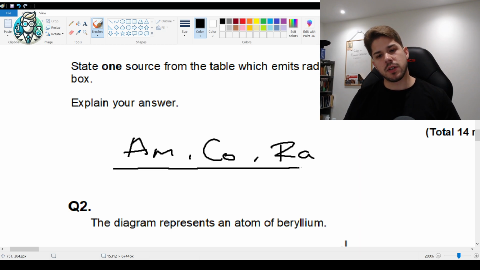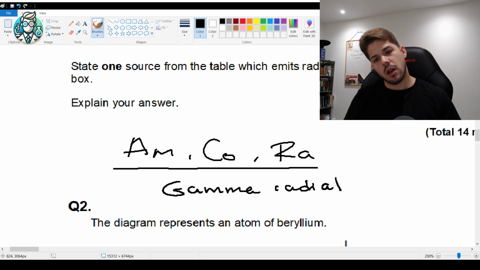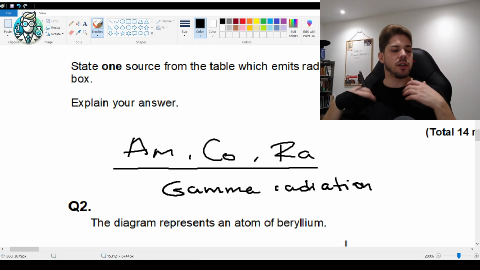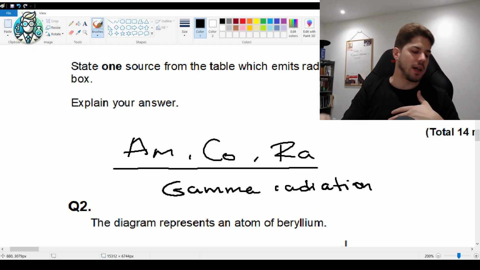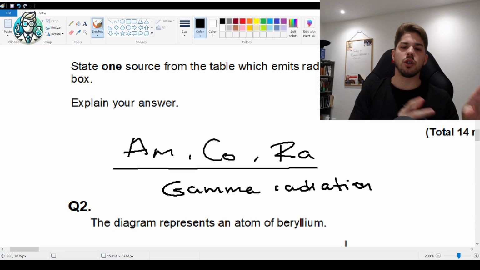Why? Because these three are able to emit gamma radiation. And gamma radiation has penetration power to pass through the box. All the others don't have enough penetration power.